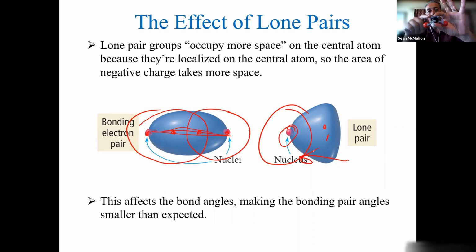Because these electrons are closer to the central atom, there's a greater repulsion, and that lone pair is pushing this bond and this bond more. So there's a squeezing in that angle, which makes it slightly less.